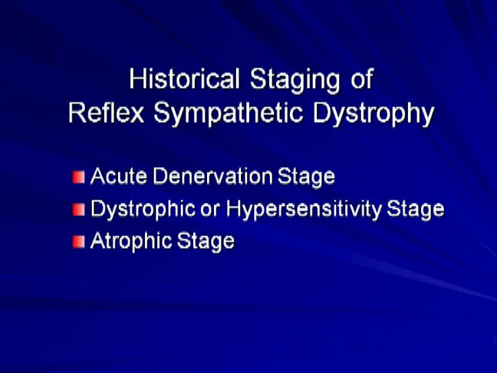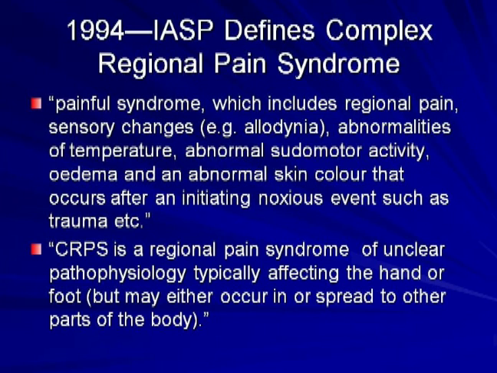Okay, so in 1994, the definition of complex regional pain syndrome was introduced. And it was described as a painful syndrome, regional pain, sensory changes, for example, allodynia, abnormalities of temperature, pseudomotor activity, swelling, skin color that occur after a noxious event such as trauma.